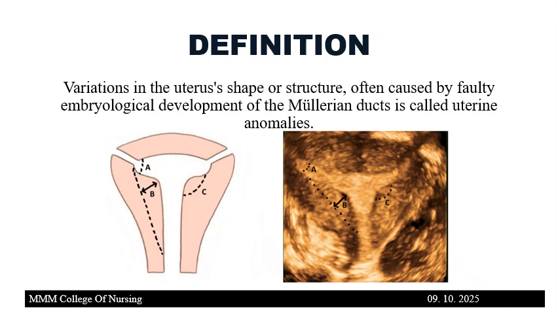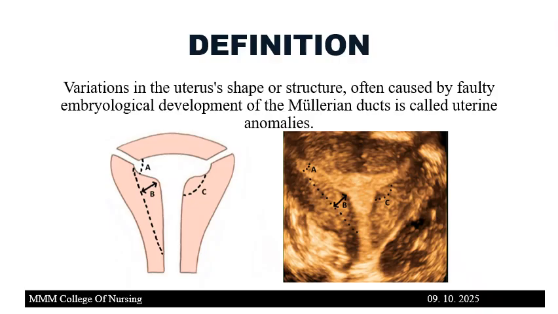We'll go on to the definition. What is the definition of uterine anomalies? Variations in the uterus shape or structure often caused by faulty embryological development of the Mullerian ducts is called uterine anomalies. The organ responsible for the development of the uterus is the Mullerian duct.